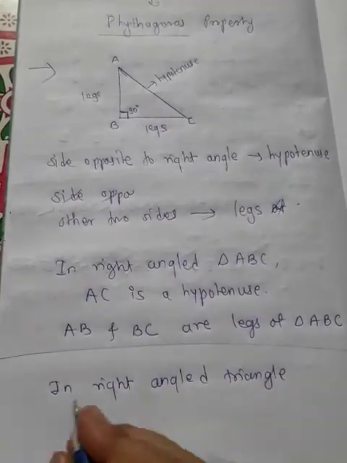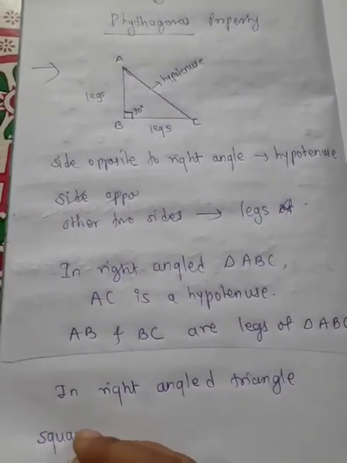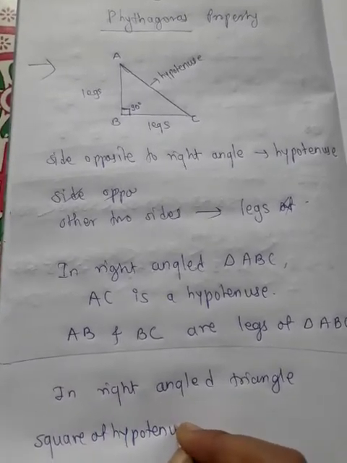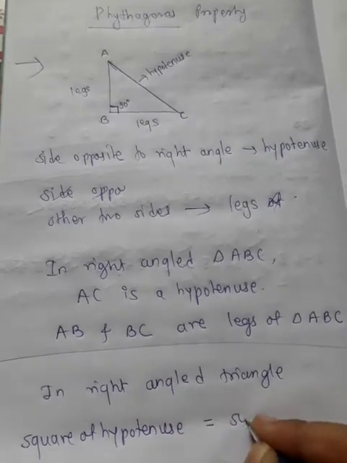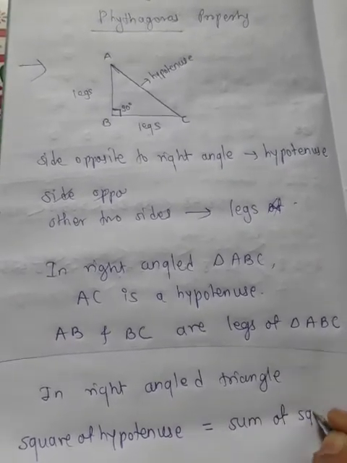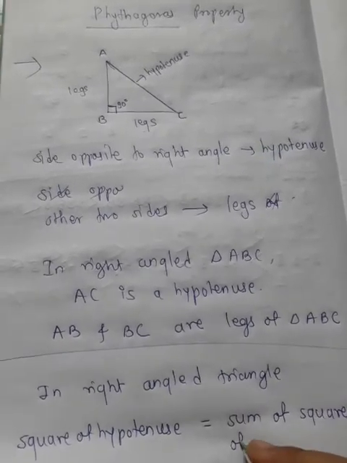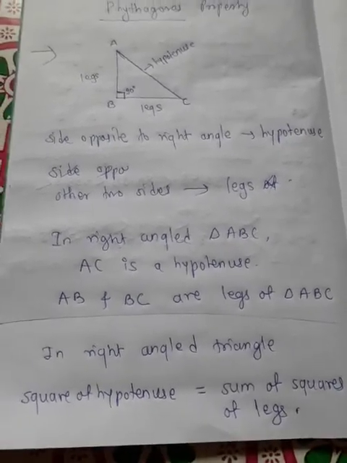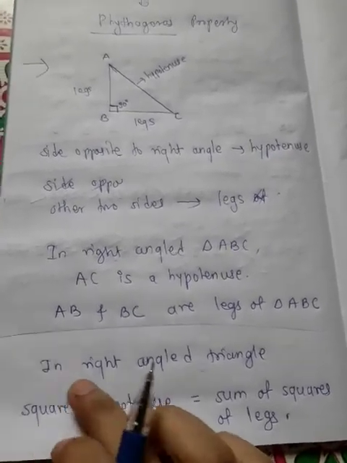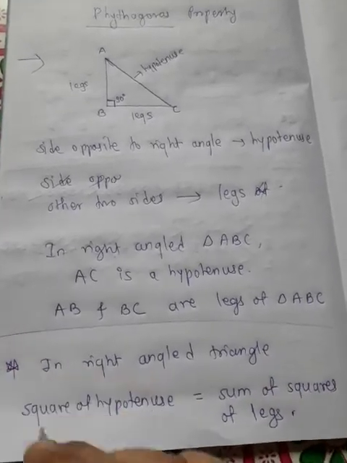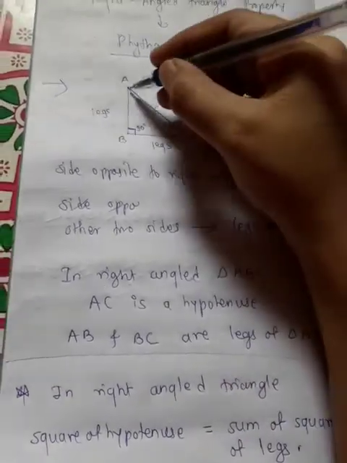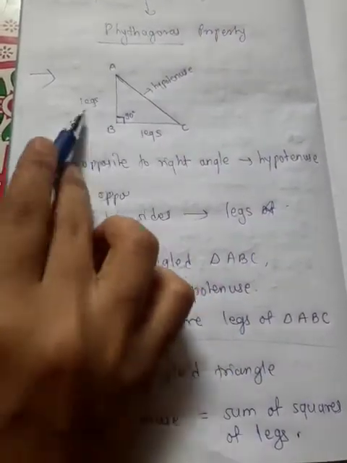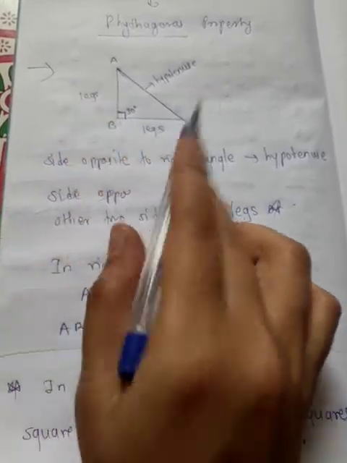In a right angle triangle, the square of the hypotenuse is equal to the sum of squares of the legs. See here, what is the property? In a right angle triangle, the square of the hypotenuse is equal to the sum of squares of the legs, meaning the squares of this side and this side.